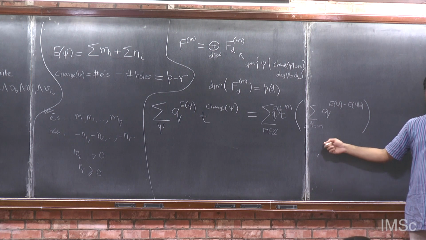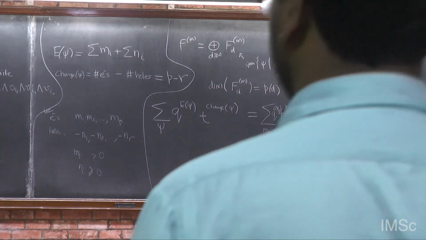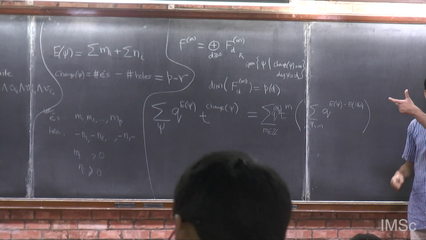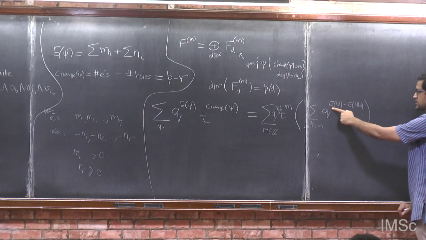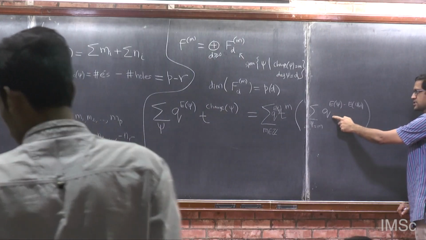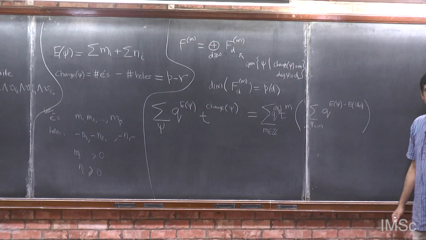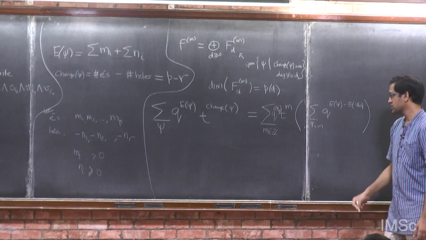This is exactly the degree, which is how we define it: the energy relative to the ground state of that charge. So I am now summing over all charge m fermions q to the degree of psi, and since we know the answer, it is the number of partitions of d.